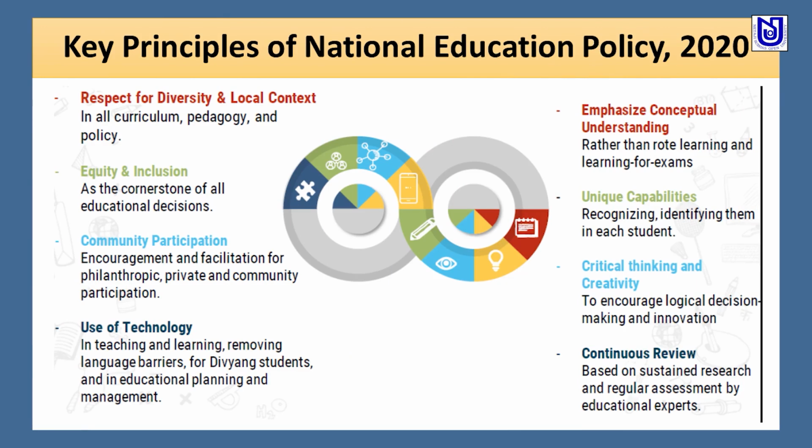Now, if you see NEP 2020, National Education Policy 2020, that also gives emphasis on diversity, equity, and inclusion. And among the key principles of the National Education Policy, it has mentioned respect for diversity and local context.